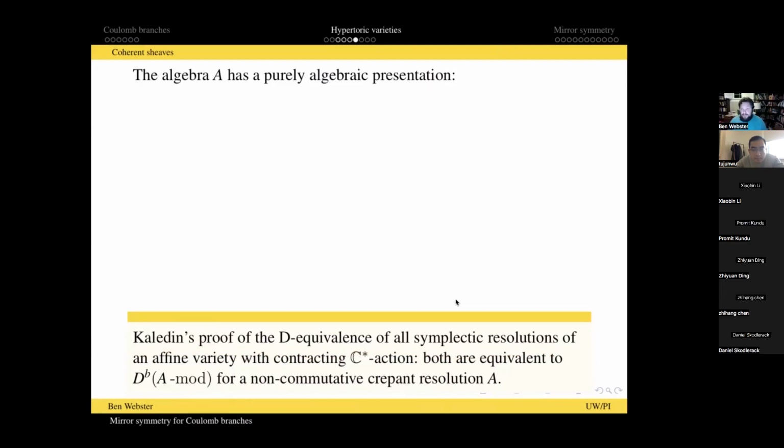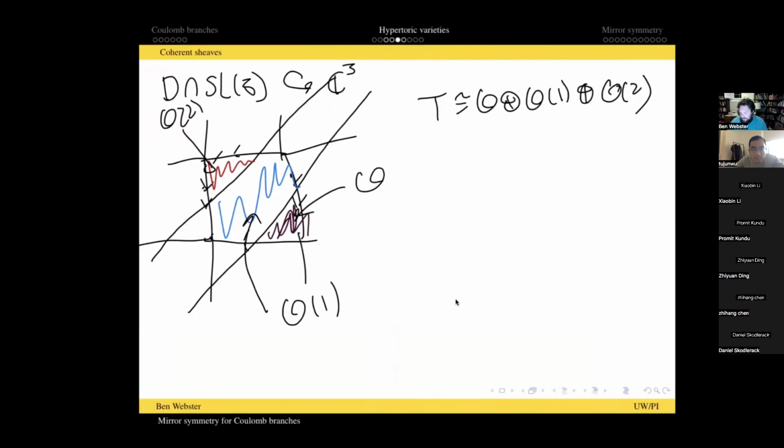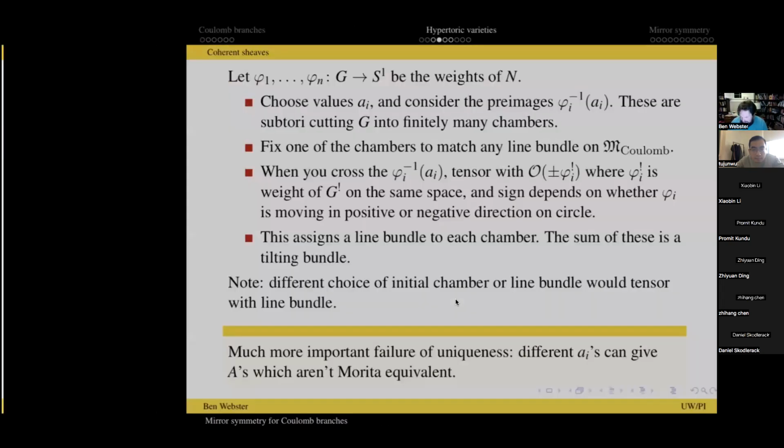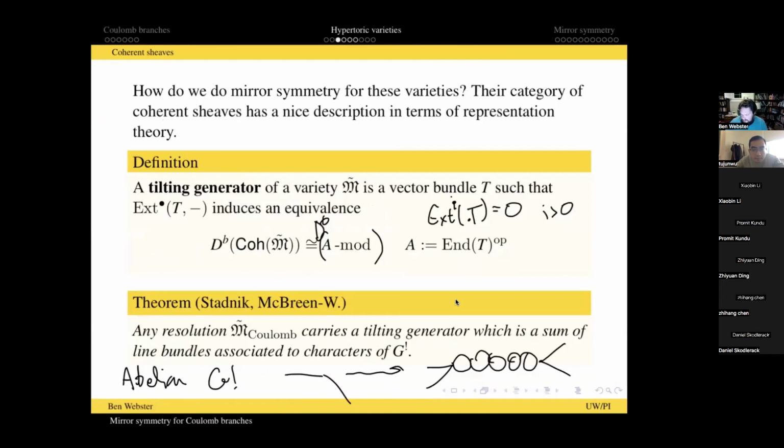The reason they're all D-equivalent is that they're all equivalent to the category of modules over some non-commutative Crepant resolution. You'll note there are different resolutions of M Coulomb, which are not isomorphic as complex varieties. They're diffeomorphic, but they have genuinely different complex structures.